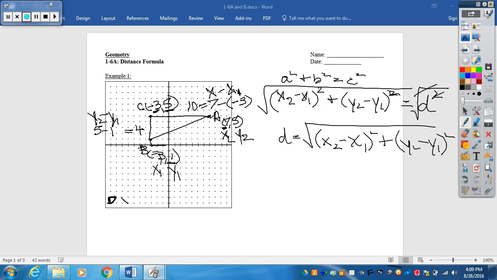Now you may still be skeptical, like, I don't know about all this stuff. Well, let's prove it. Let's go back to our answer here. We said it was the square root of 116, which becomes 2 radical 29. And I'm going to plug in all this information just from the coordinates. So x sub 2, which we said was 7, minus x sub 1, which we said was negative 3.